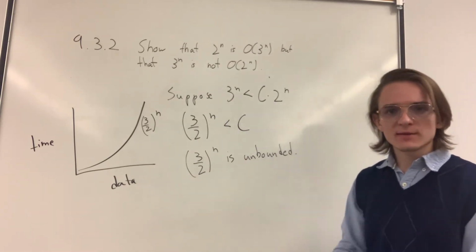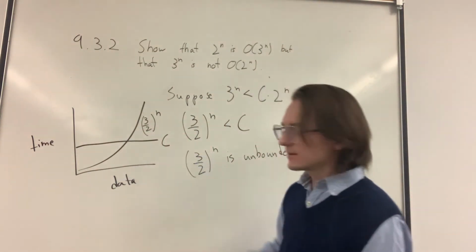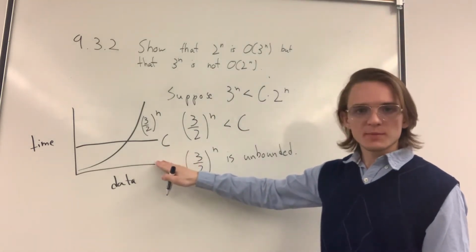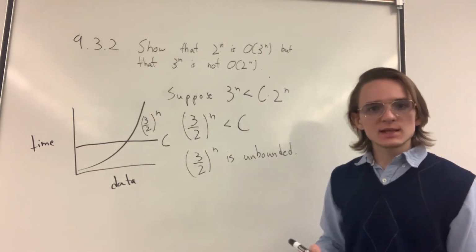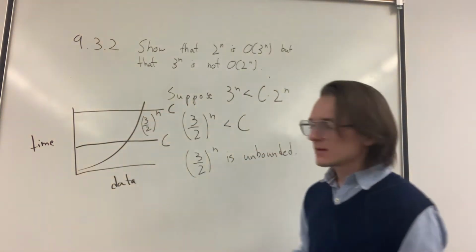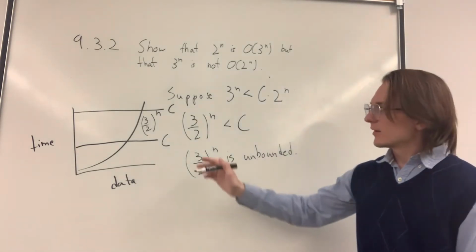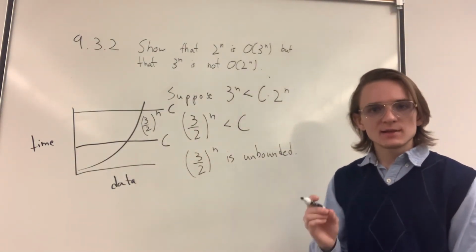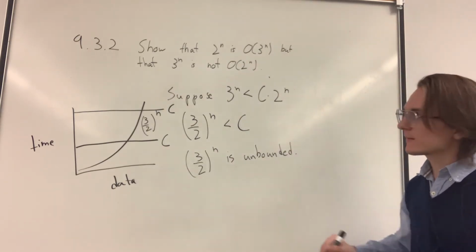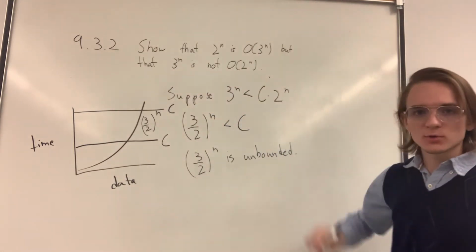And because of that, any constant c we might add, maybe this is c, will always be overtaken by 3 over 2 to the power of n, even if we made c extremely high. At some point, with a large enough input data, 3 over 2 to the power of n would exceed that constant. Therefore, we reached a contradiction which proves the original statement that 3 to the power of n is not big O 2 to the power of n.